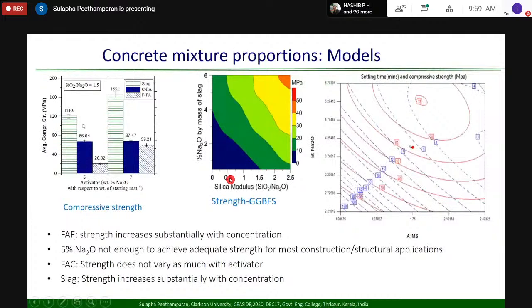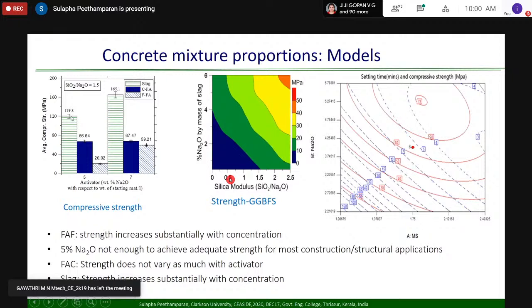Looking at this graph, these are made from 3 different starting materials. The green one is slag, the blue one is the class C fly ash based geopolymer, and these other blue ones are the class F fly ash based geopolymer. This is the 28-day strength.